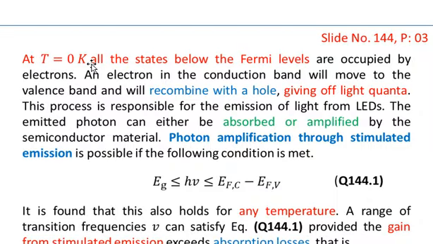At 0 Kelvin, all states below the Fermi levels are occupied by electrons. An electron in the conduction band will move to the valence band and will recombine with a hole, giving off light quanta. This process is responsible for the emission of light from LEDs.